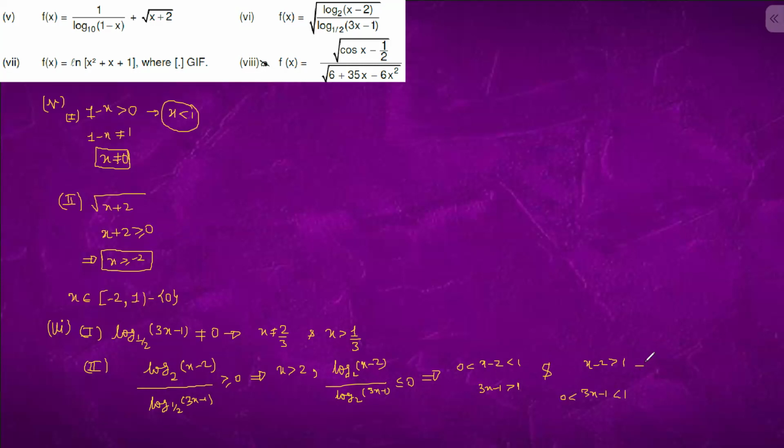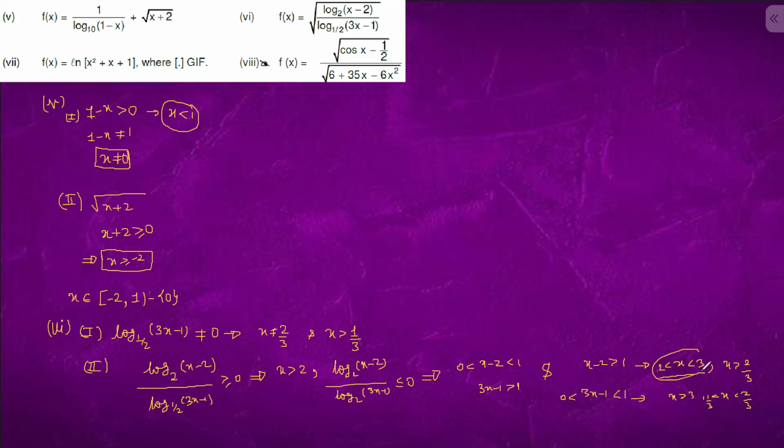So from this equation we'll get x bigger than 2 and less than 3, and from this we'll get x bigger than 2 by 3. So this is satisfying the equation. From the next case we'll get x bigger than 3 and x between 1 by 3 and 2 by 3. So this case is not valid.